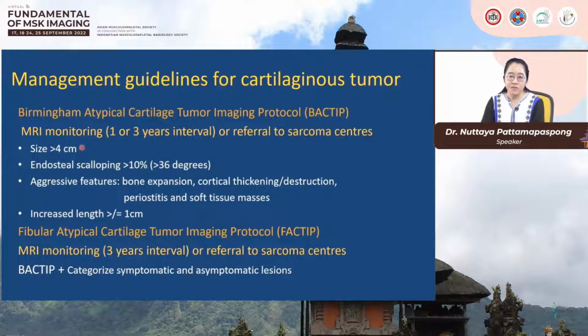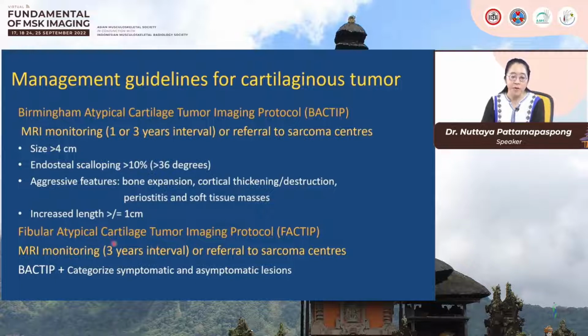The size is 4 cm, less than the NIST guideline. This is because to avoid discrepancy or a little bit different of measurement during the follow-up or between the radiologists.